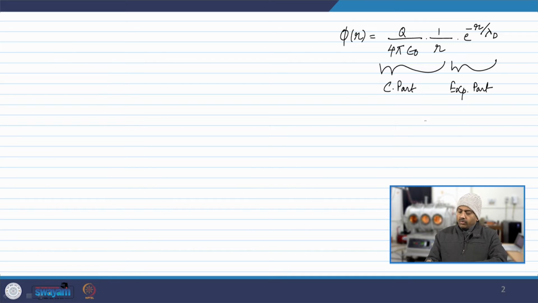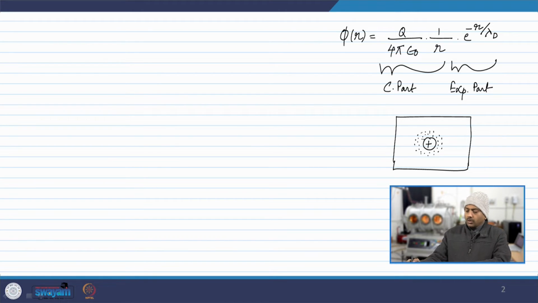In essence, what we have realized is if there is a positive charge kept inside the plasma, its presence can only be realized as long as you are within the Debye's length. Outside it, the plasma will not make this charge visible.